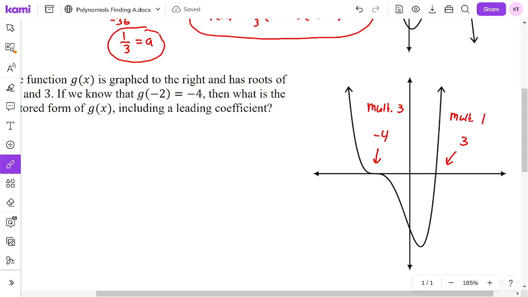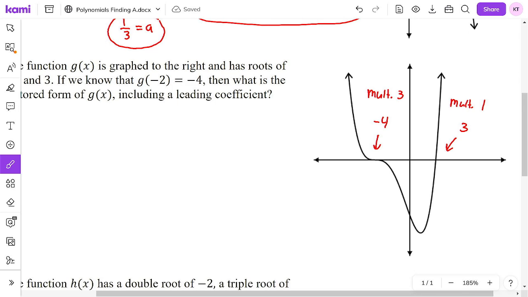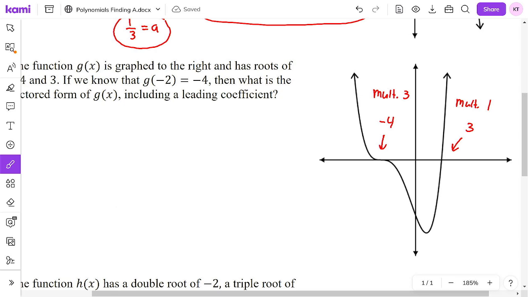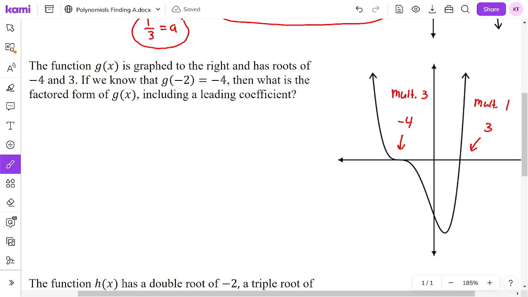And then now we look at our end behavior. Both of our arrows are pointing upwards, so we know this is going to be an even degree positive coefficient polynomial. So this time we don't have to worry about putting a negative in front of our a when we go ahead and write our general equation.